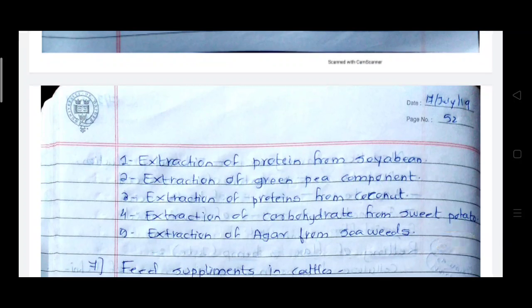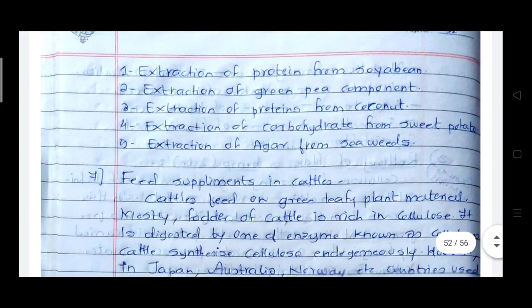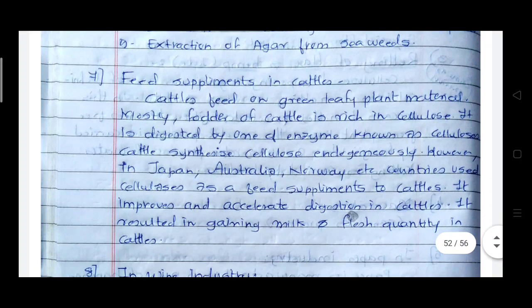That means for the production of different products from plant material, these cellulase enzymes are used as digestive aids.